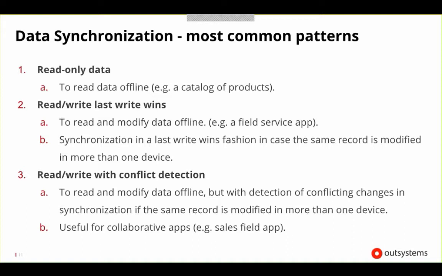For instance, imagine that you have a sales field app where all the accounts and all the opportunities are available in your application. If two users change the same detail for a specific account, when this data is synchronized back to the server, somehow the server must deal with this conflict.